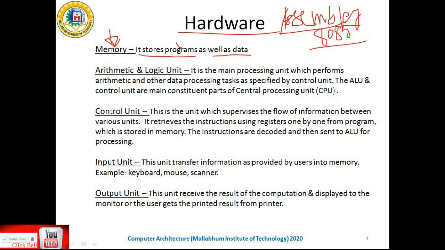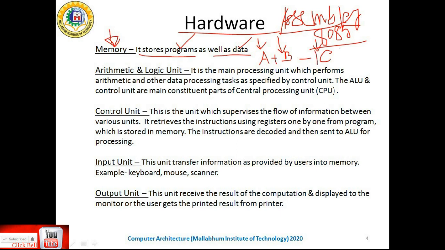These programs I have already explained. What do you mean by data? Suppose we have written the program for addition. Suppose this is A and this is B and this is C, the result. That data is also to be stored within this memory.